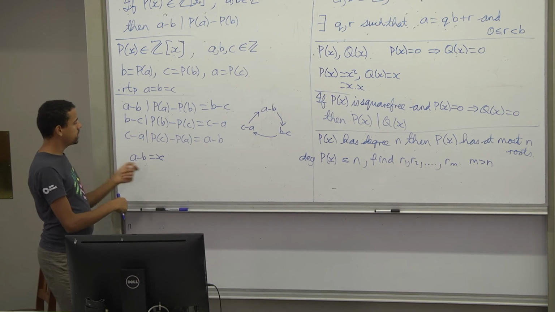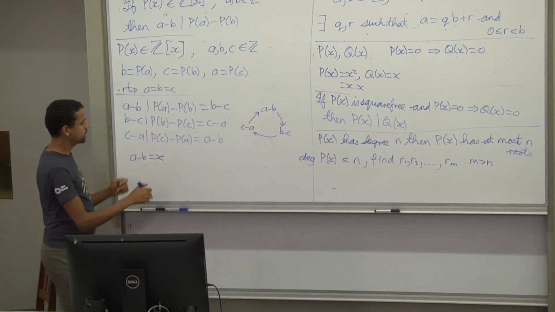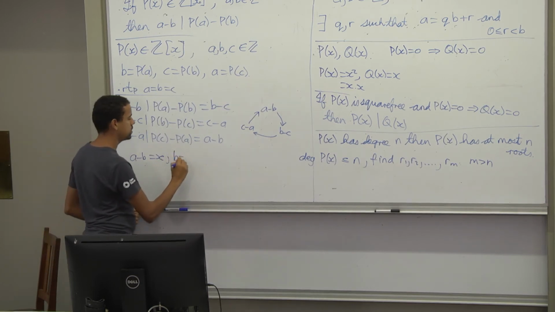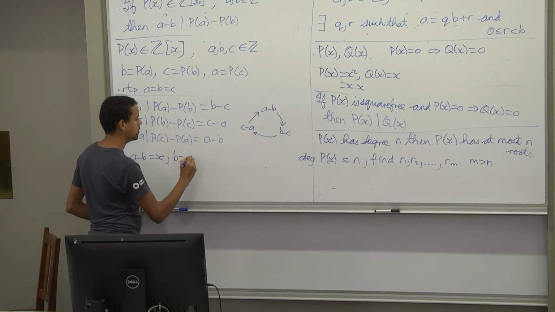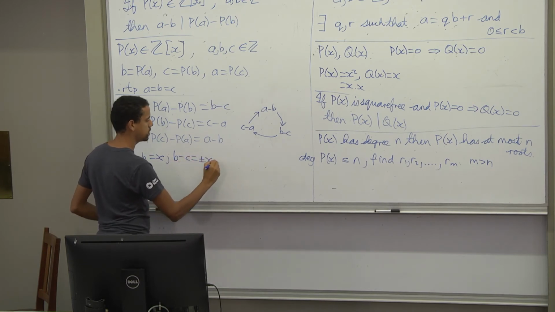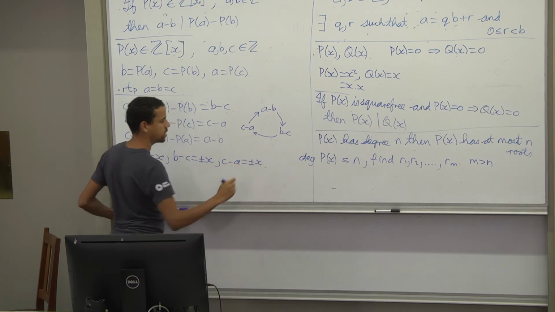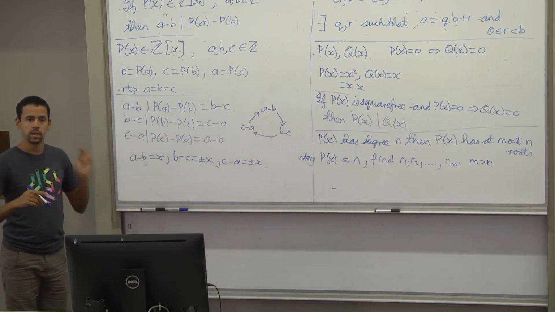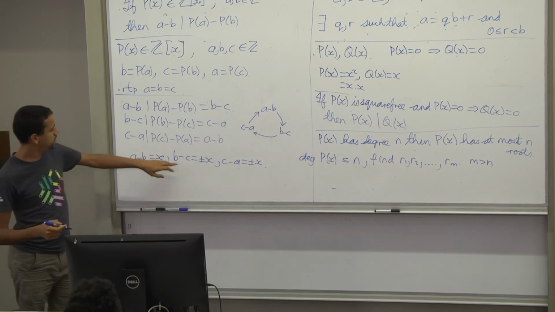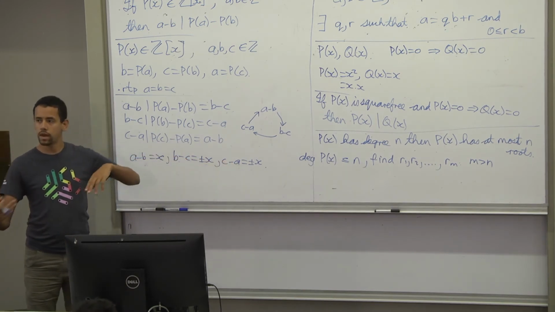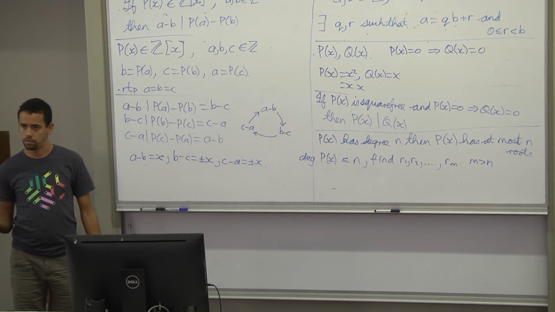Yes. So if a minus b is x, then b minus c would be plus or minus x, and c minus a would also be plus or minus x. Now we want to show that x is zero. And of course, a minus b, b minus c, and c minus a, if you add them together, you get zero.